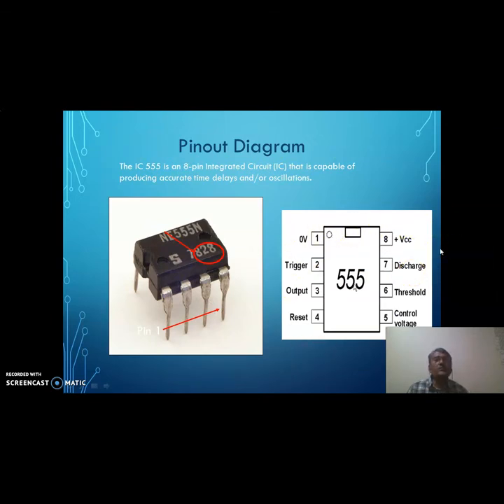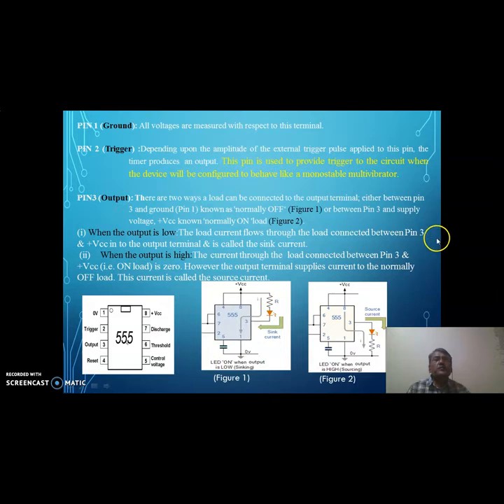Let us see the function of each pin now. The first pin of this IC we call ground. All the voltages are measured with respect to this terminal. Now pin number 2, which we call trigger. Depending upon the amplitude of the external trigger pulse applied to this pin, the timer produces an output.